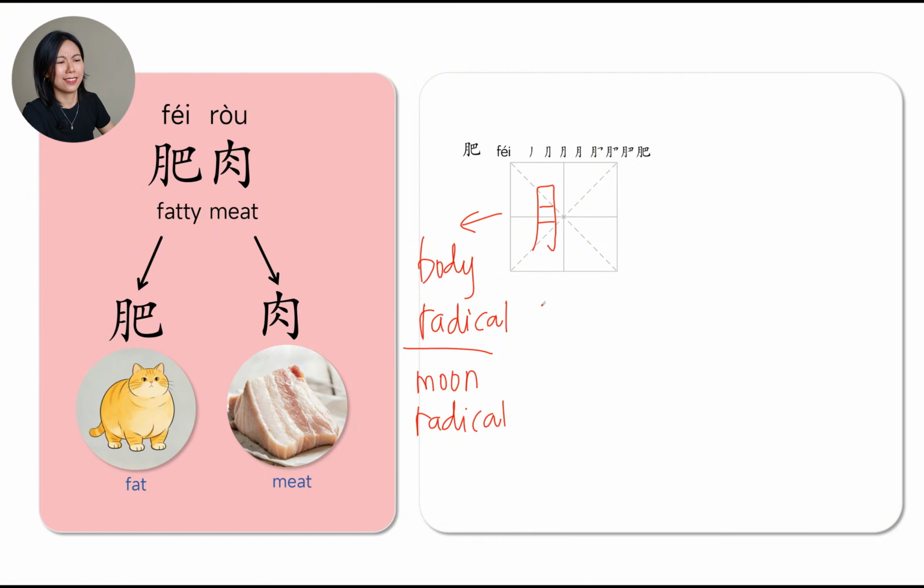I know, like, what? Why the body and the moon? Well, it's a long story. Actually, the body radical and the moon radical were different in the ancient time. But after thousands of years of evolution, in simplified Chinese we just combine these two radicals into one. So now you can see this radical could refer to two completely different things: one is the body radical and the other one is the moon radical.